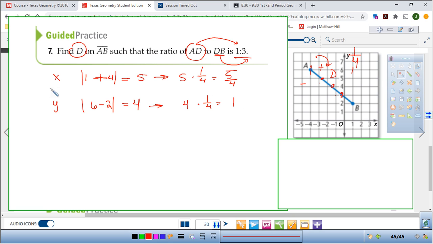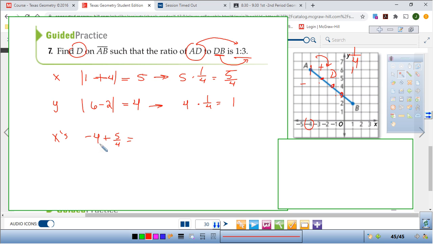So let's look at this one for the x's down here. We're looking at this madness. We're going to go from what x value? We're going from A in the direction of B. So what's my x value for the A? We're going to go from a -4, and we're going to add positive, because we're going in a positive direction. We're going to add 5/4.